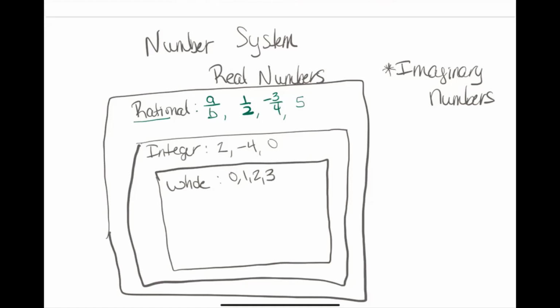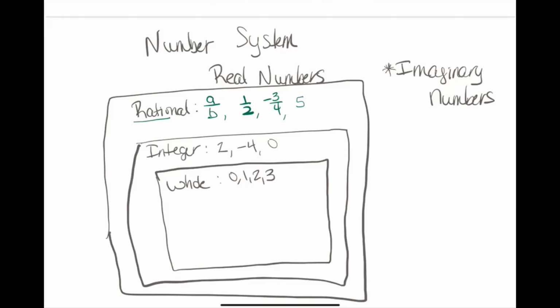So can we see a difference between integers and our whole numbers? What can't we have a whole thing of? Can't have a whole negative, right? So going from integers to whole numbers, integers are positives and negatives, and your whole numbers are just going to be your positives. But it includes 0, right?